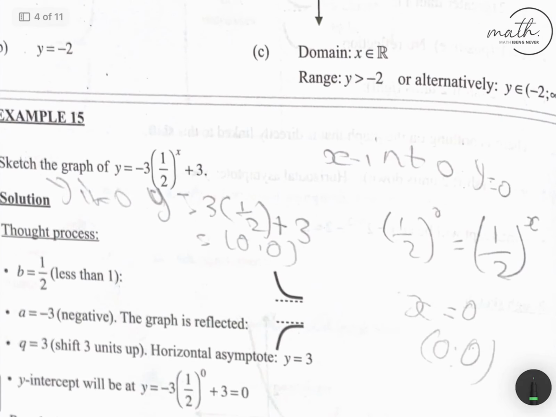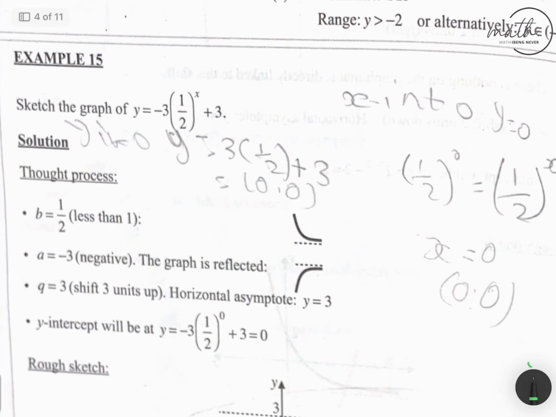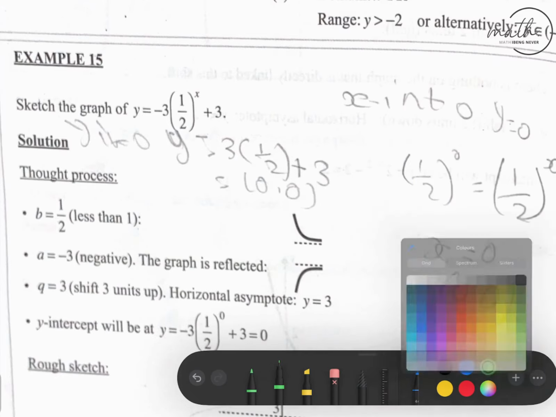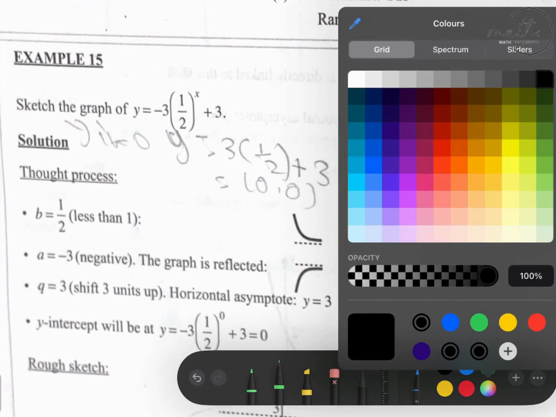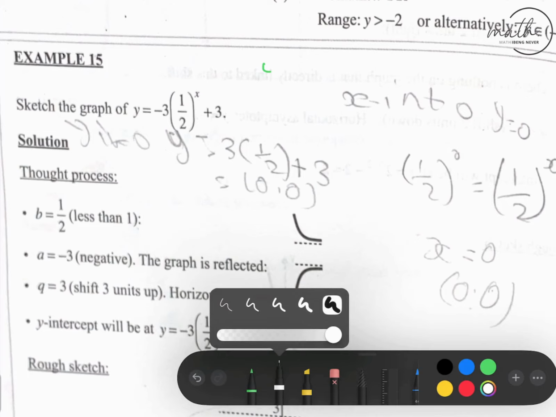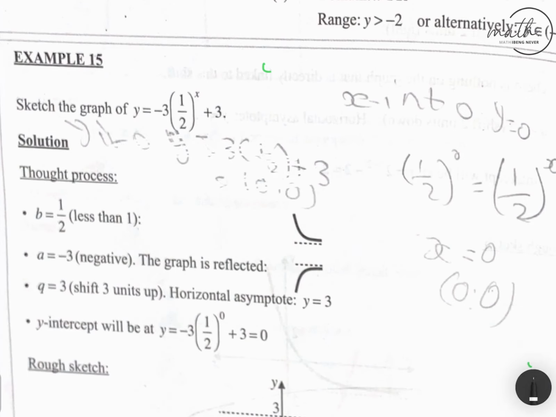Let's go to another one. On this one, they gave you the equation. Sketch the graph. Y equals minus 3 into 1 over 2, exponent x plus 3.